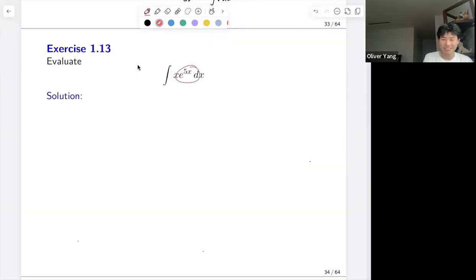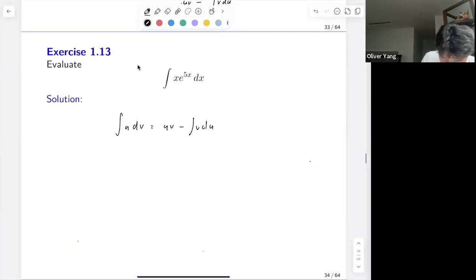So why don't we just do that? The rule for by parts is udv minus vdu, right? And so if we let u equal x, du is 1, dv equals e to the 5x, and v equals 1 over 5 e to the 5x, yeah?